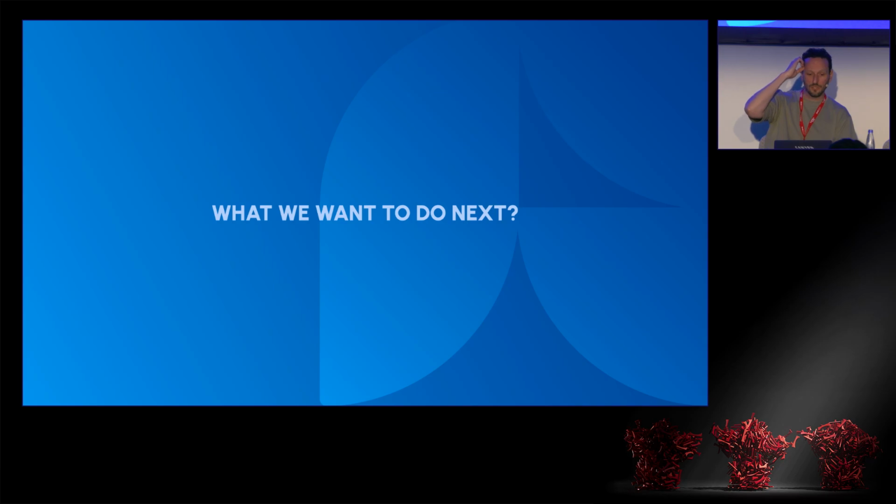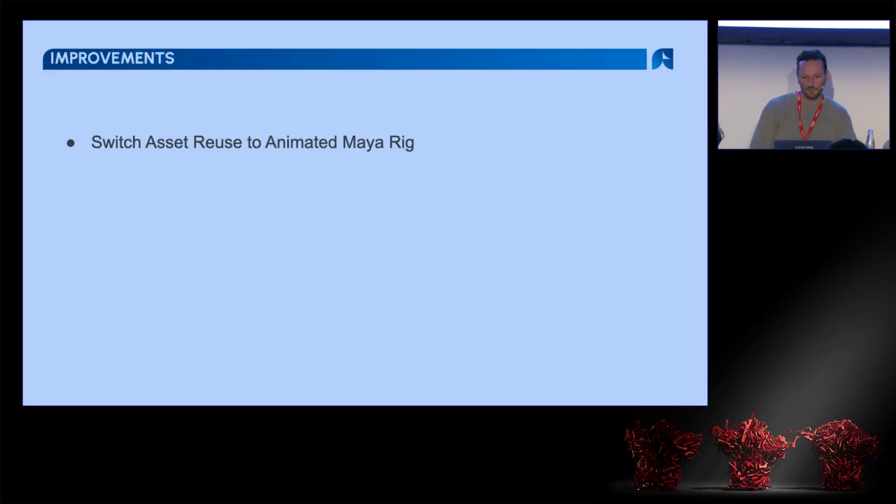What we want to do next, we want to do two things. We are working towards the ability to switch an asset reused from a cache to an animated Maya rig, because we have some use cases where you pick a cache, it's okay, but finally the director says, I would like to change something.